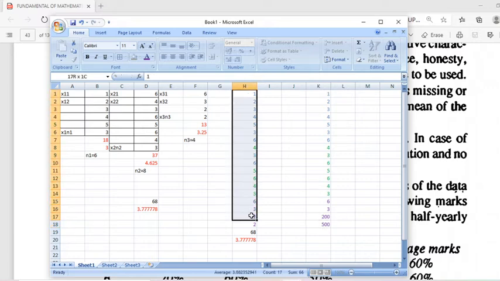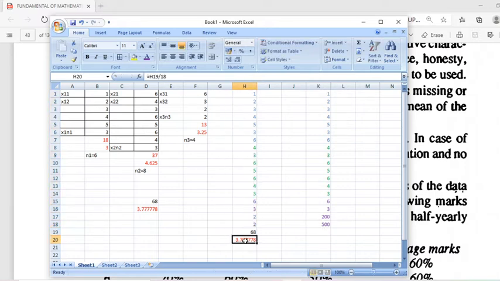What is the mean of these observations? It is 3.71, which lies between 1 and 10, and all these observations lie between 1 and 10. So we can use this mean as a representative measure of this distribution.